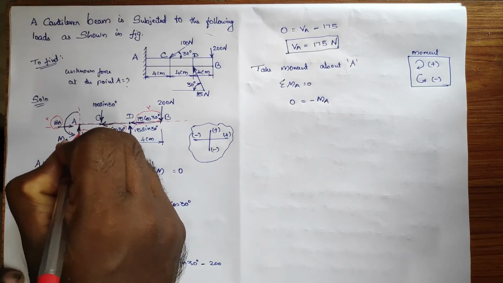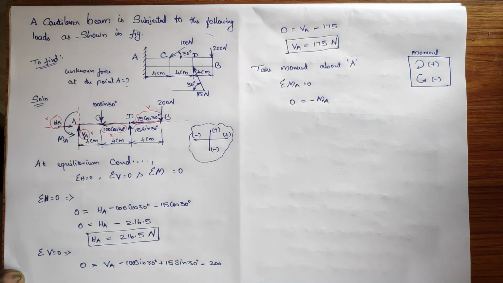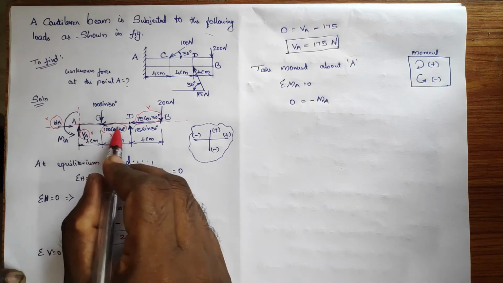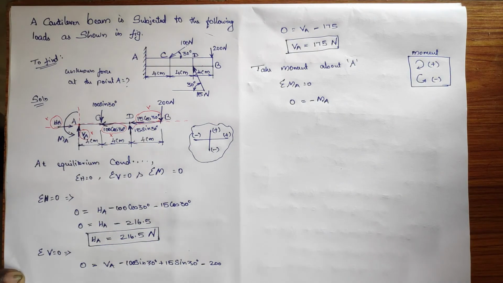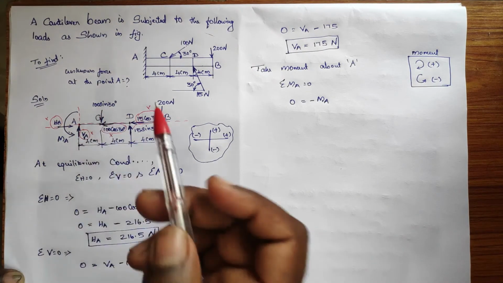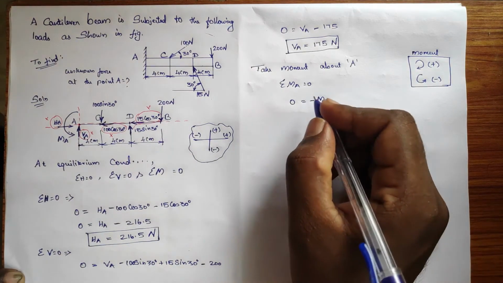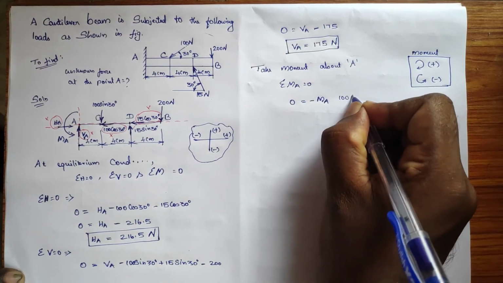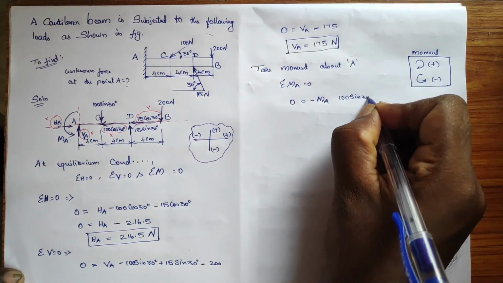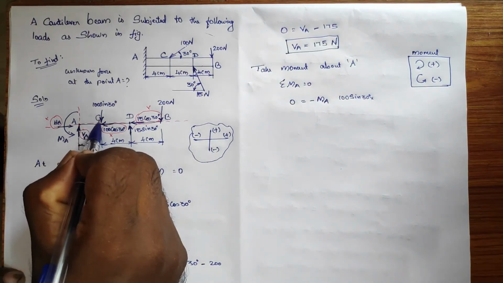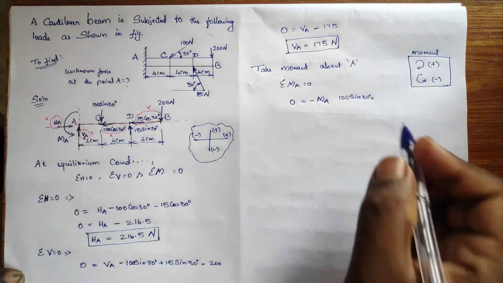If you put a vertical line, only this force is coming to the line. So all these forces don't have a perpendicular distance. Only 100 sine 30, 15 sine 30 and 200 Newton have a perpendicular distance. First start with 100 sine 30 degree, into its perpendicular distance, which is 4 centimeters.